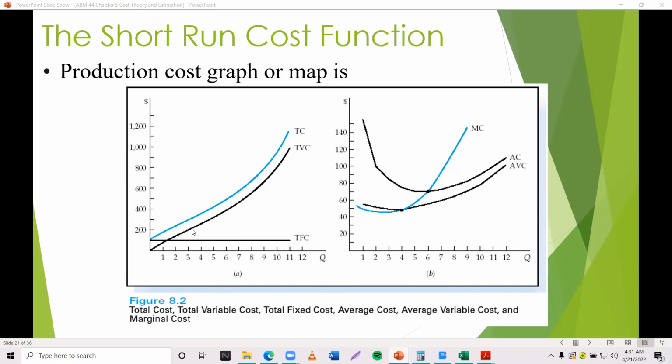And as you can see, total variable cost is increasing as well as the total cost. While for curve B, we have marginal cost here. It is going upward, while our AC diminishes at some point.